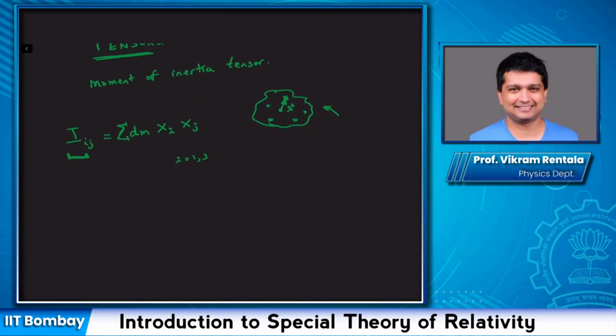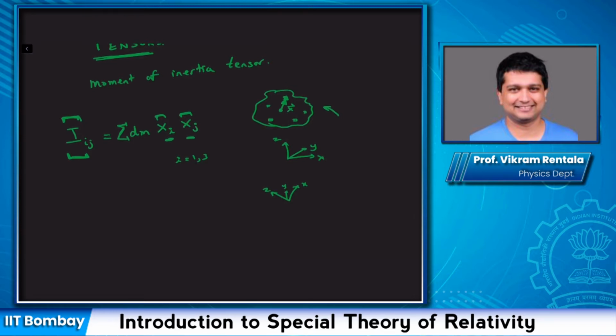Now, you can clearly see that the components I_ij depend on your choice of axes x, y, and z. So if I choose a different x, y, and z, then I would have to rotate my x coordinates, and therefore I would have to correspondingly transform the moment of inertia tensor.